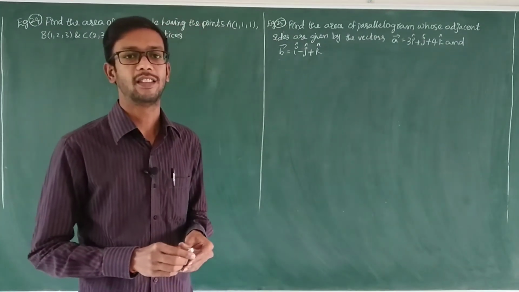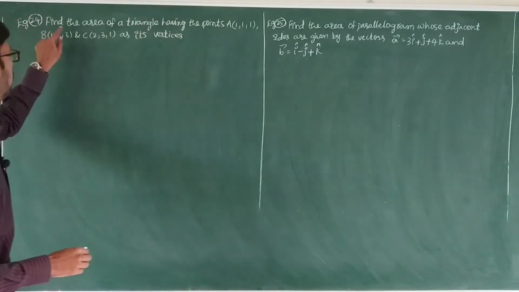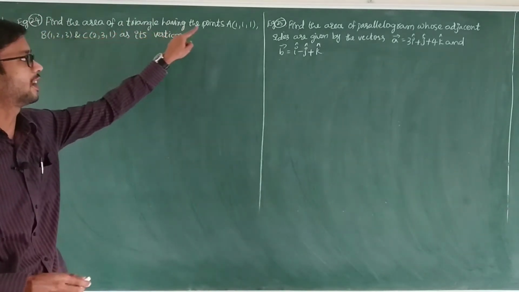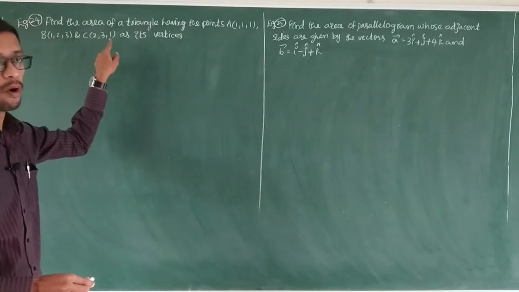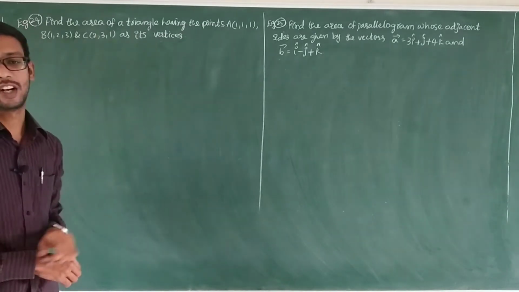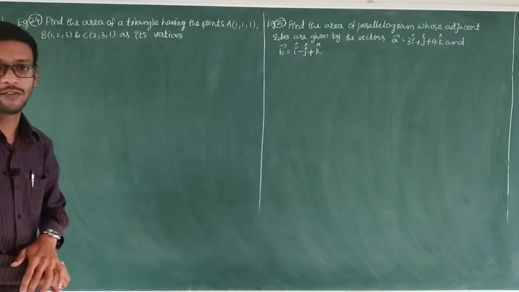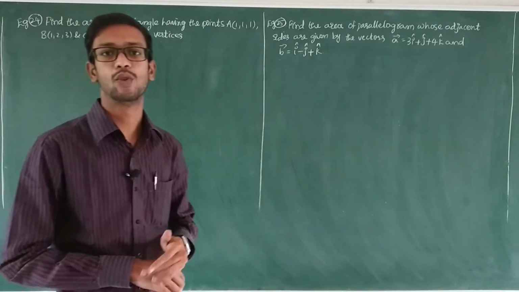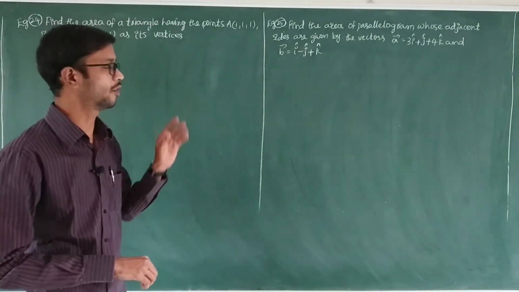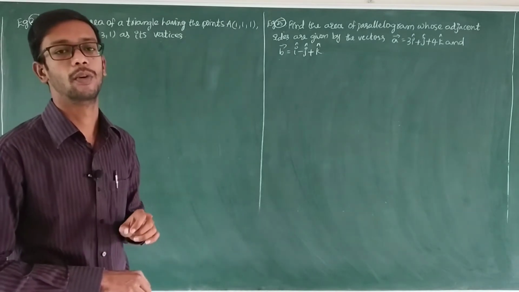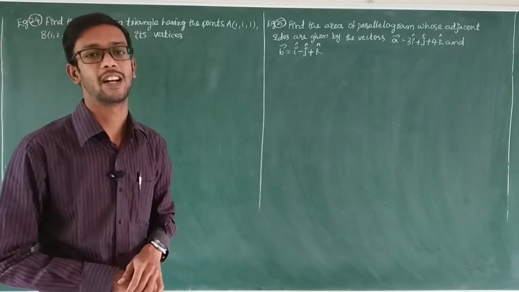Next, example 24. Find the area of the triangle having three points as its vertices. The vertices are given. Find the area of the triangle by using the vector concept. Directly also we can find, but here we have to compulsorily use the vector concept.